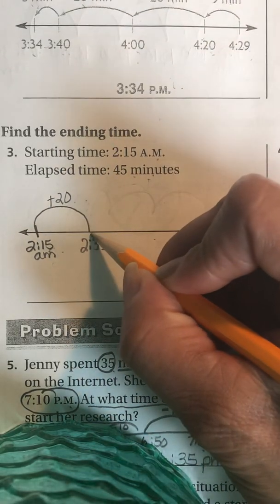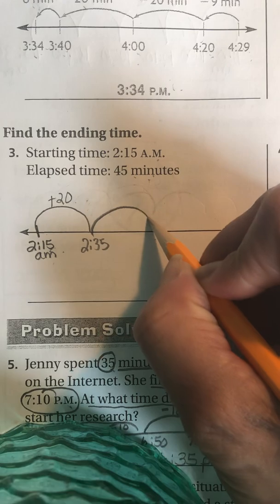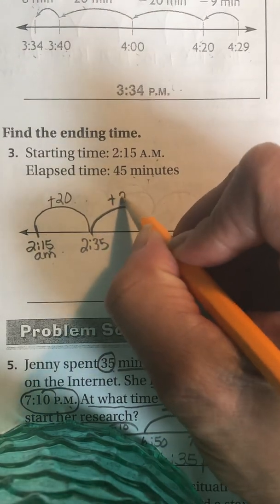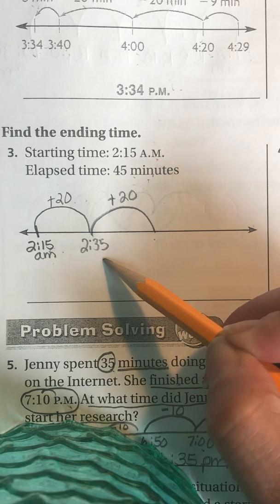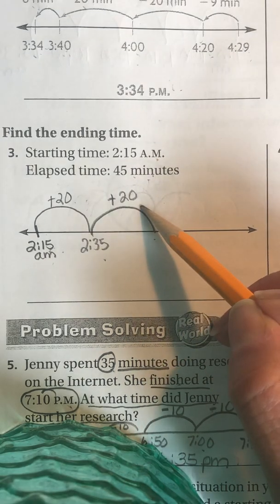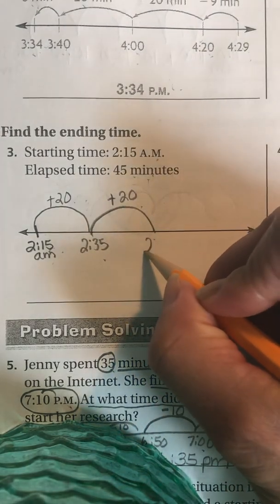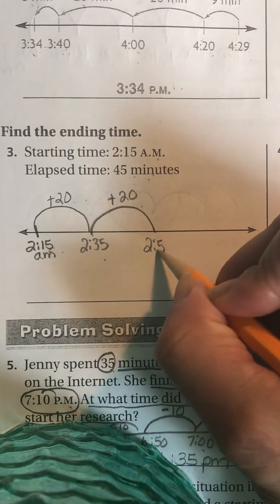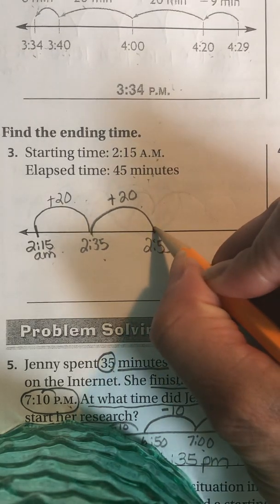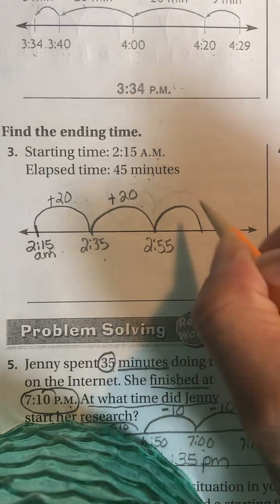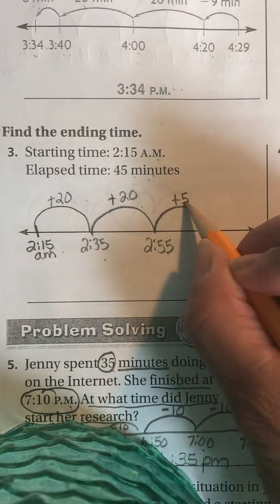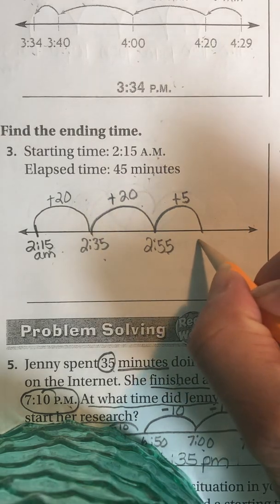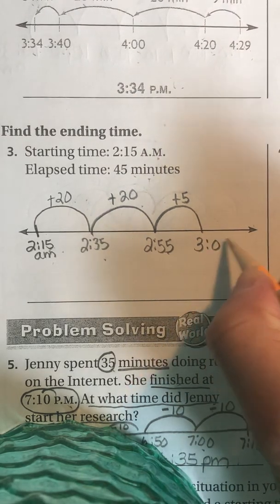Now I'm going to add another 20 minutes because I think I can add that in my head. I'm at 2:35 and I'm going to add 20 minutes to 2:35. I'm going to be at 2:55. And then all I have to do is add another 5 minutes. 2:55 added to 5 more minutes would take me to 3 o'clock.